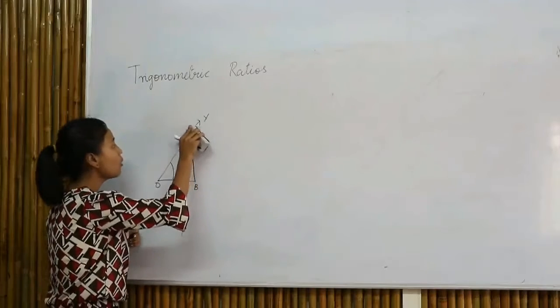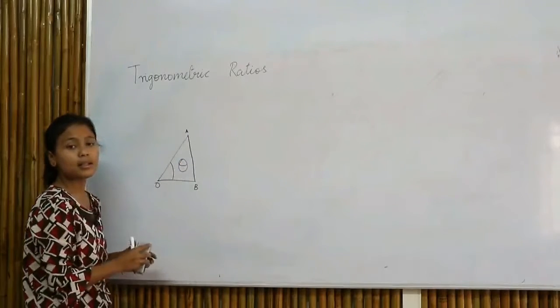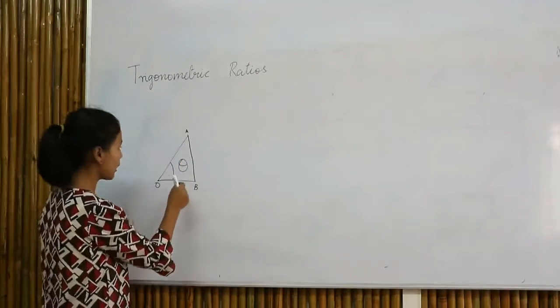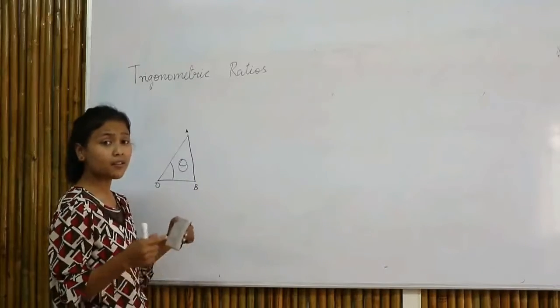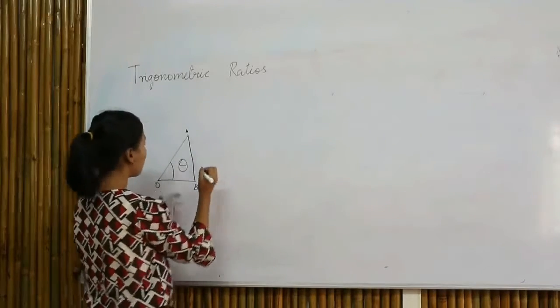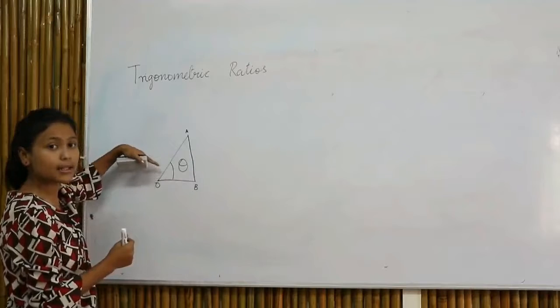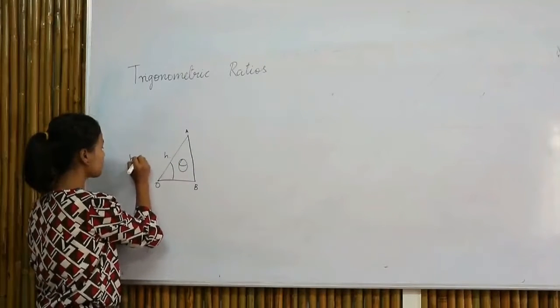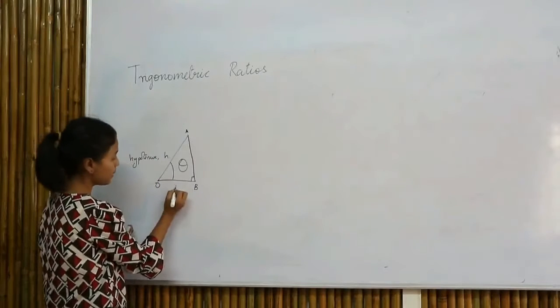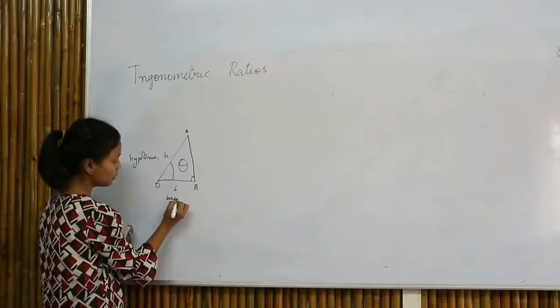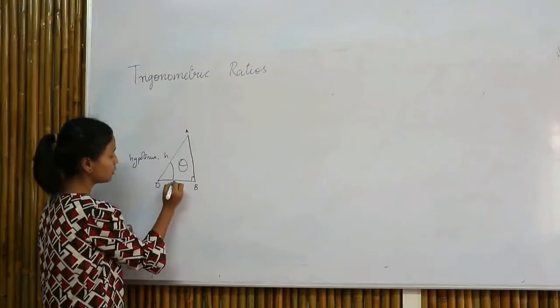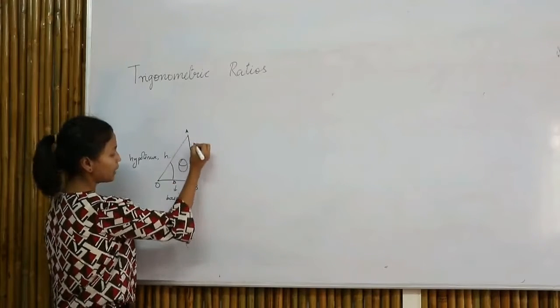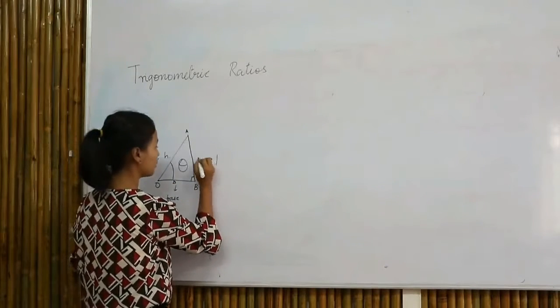Right, OAB is a right angle triangle. Now, sine of theta is given by, where this OA is the hypotenuse, OB is the base, and AB is the perpendicular.